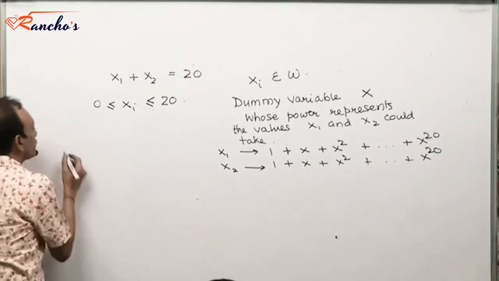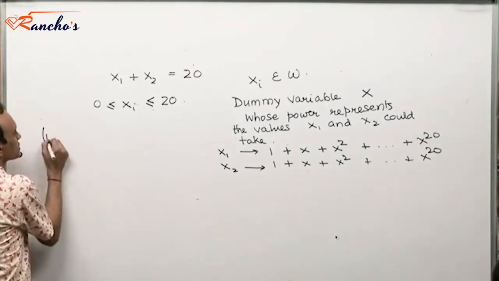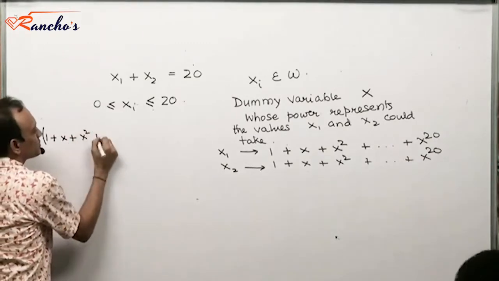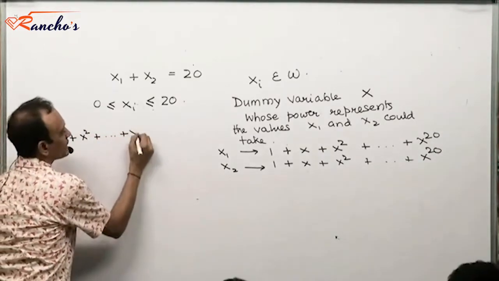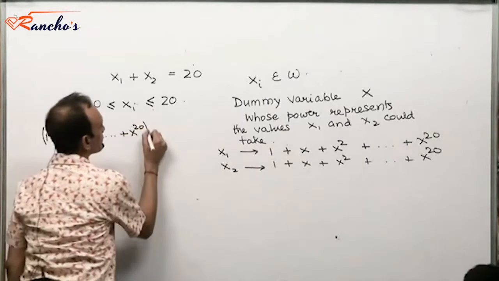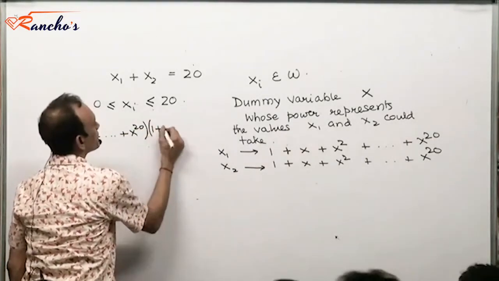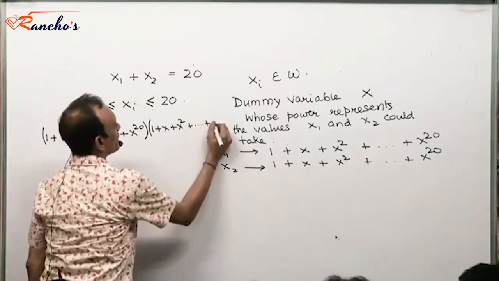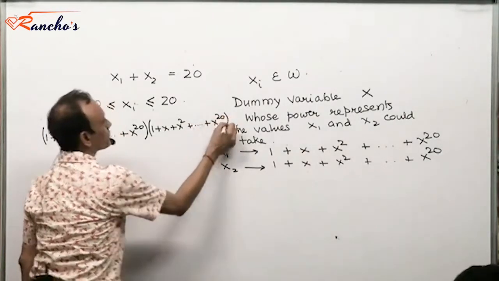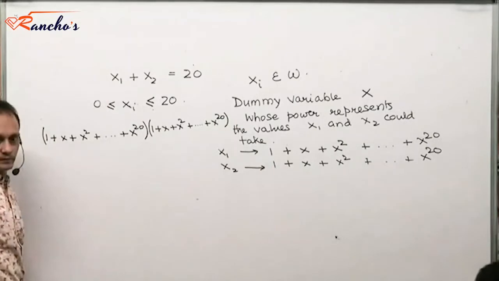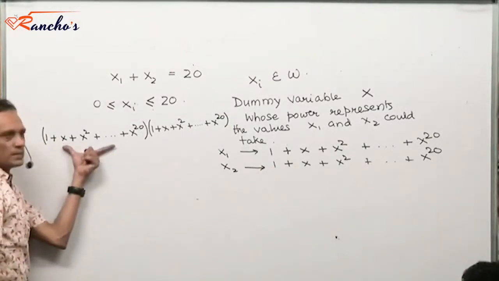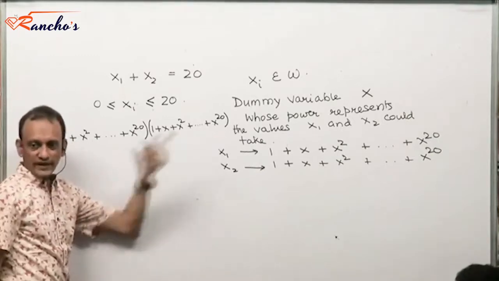Now, I think of a product like this: (1 plus x squared plus x to the power 20) times (1 plus x squared plus x to the power 20), where this is about x1 and this is about x2.